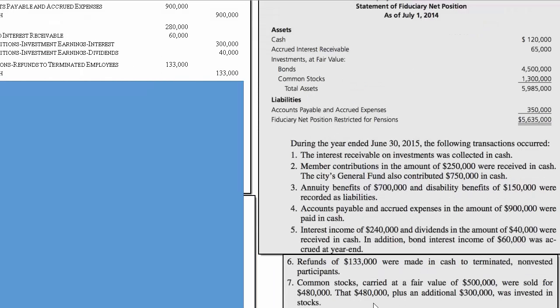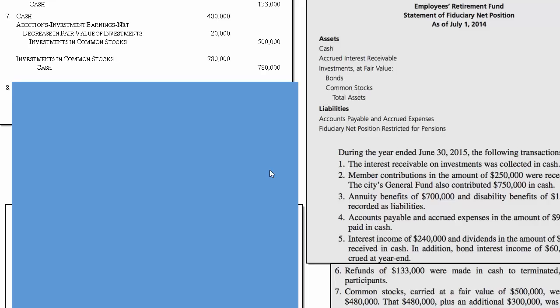The next transaction you see at the bottom right says that common stocks carried at fair value of $500,000 were sold for $480,000, and that $480,000 plus an additional $300,000 was invested in stocks. Now for transaction 7, we actually have 2 transactions. We have the first transaction where we show the sale, where we receive proceeds of $480,000, and we're going to show a decrease in the fair value of the investments of $20,000.